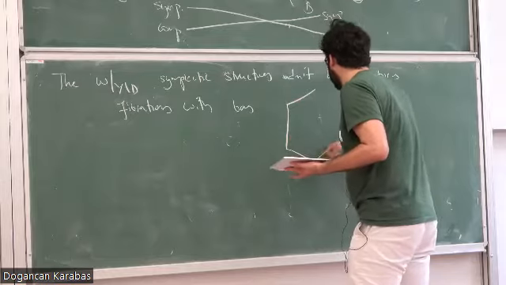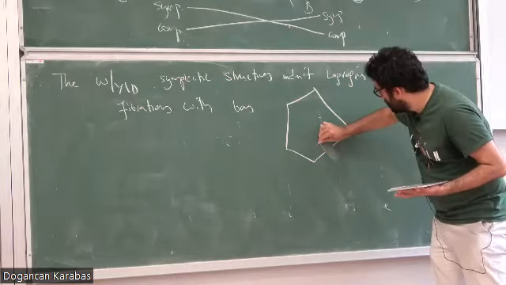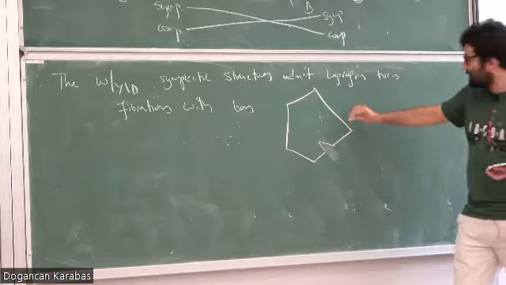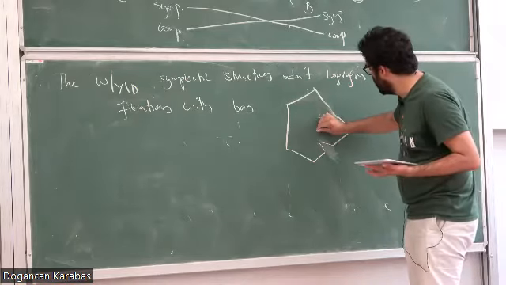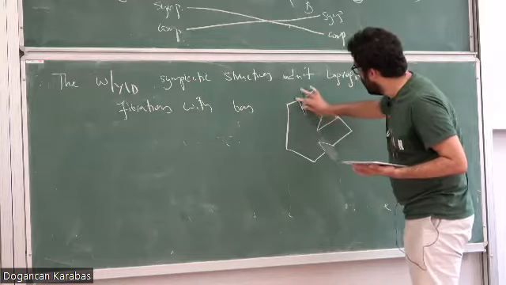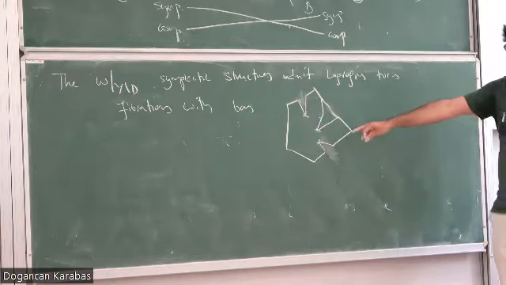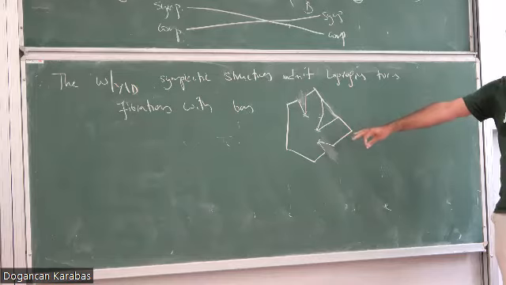You take the moment polytope and you chop off some triangles from some of these sides, or maybe a little bit more than that, something like this. And at the tips of these triangles, there are singular points. So this is Philip's picture.